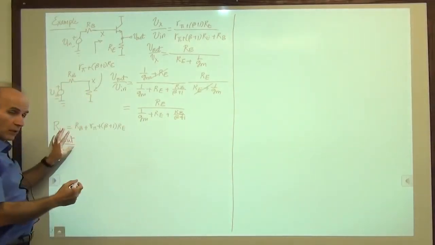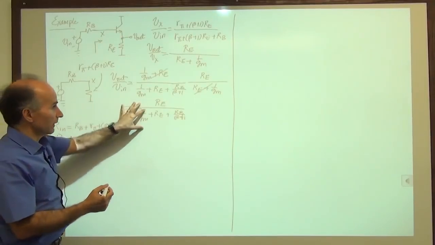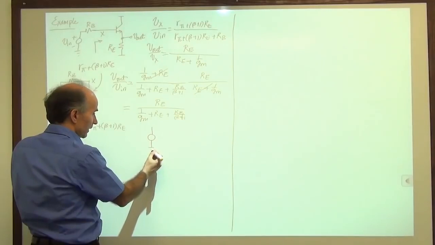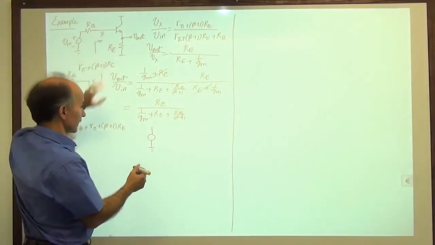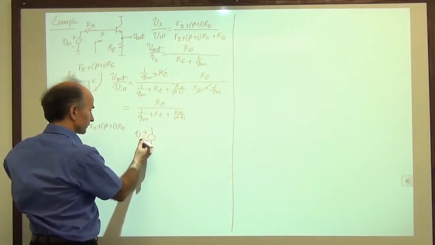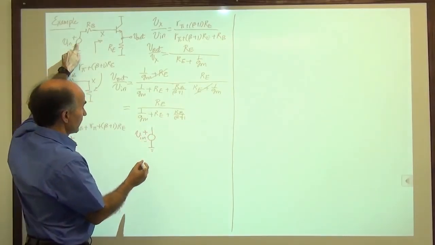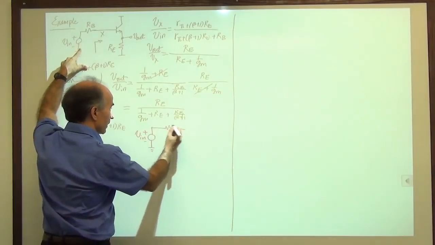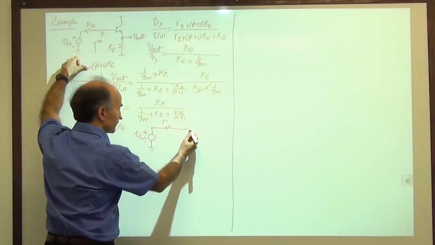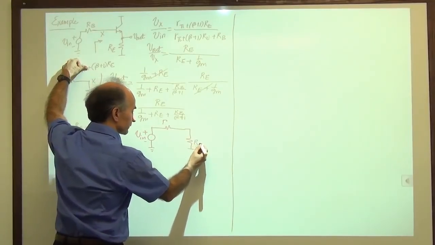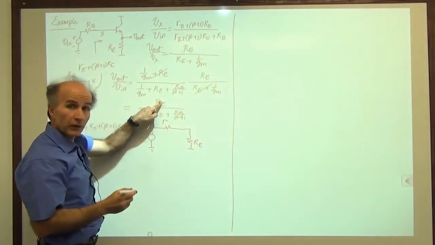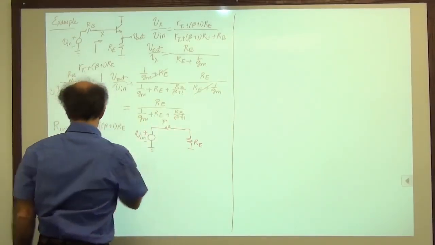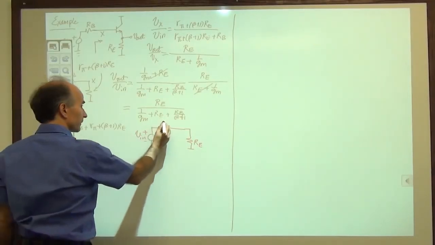This is what we have. So we're not at R out yet. We're just manipulating this, right? So if I'm manipulating this, I'm saying that what this whole circuit does is it takes the input and subjects it to a resistive attenuation, where we have RE here, because it appears in both the numerator and the denominator. And then the rest would be this resistance. So let me clean this up.